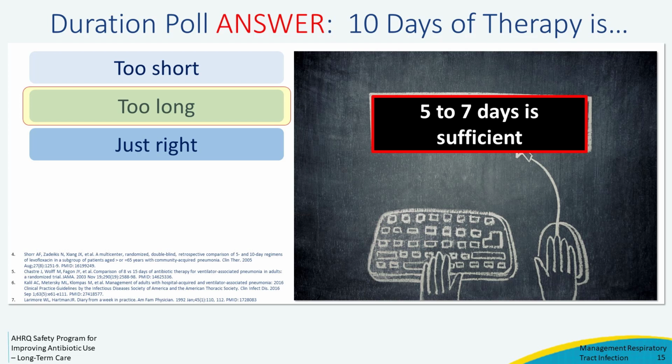So, 10 days is probably too long in Mary's case, especially if she is improving and appears stable. Remember, a lingering cough and chest x-ray abnormalities may take several weeks to improve. There is no need to prolong antibiotic therapy or repeat imaging if the resident is otherwise showing improvement.